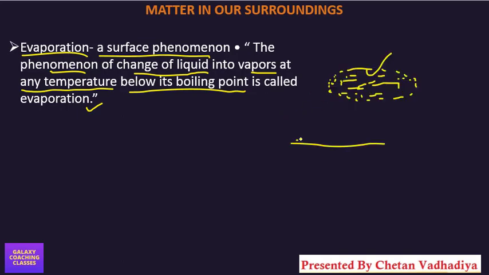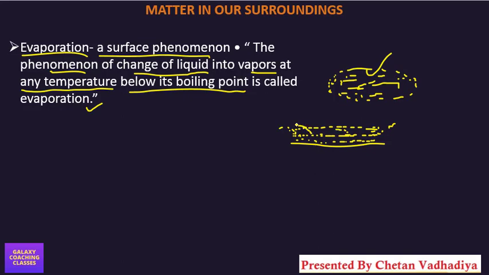The particles of water are lying here, and whatever they are moving, they have kinetic energy. So the particles above the surface get separated slowly due to many reasons. I will tell you those reasons also.